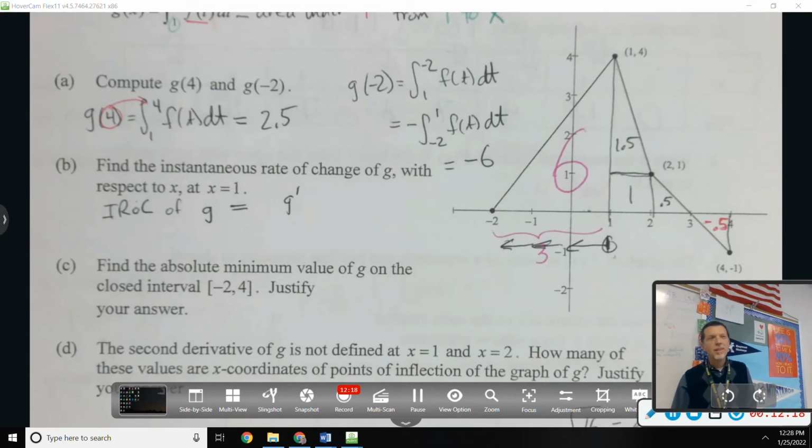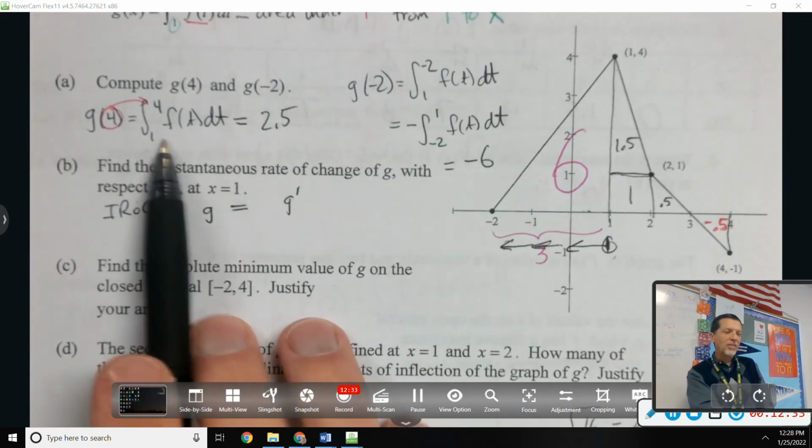Correct. Which is why it would have been better if they'd started at negative 2, because then everything would be moving to the right and it would be positive. But we're almost never going to do that because we want you to be able to go backwards and know that it's negative. So this was a good one because the first one was positive, the second one was negative.